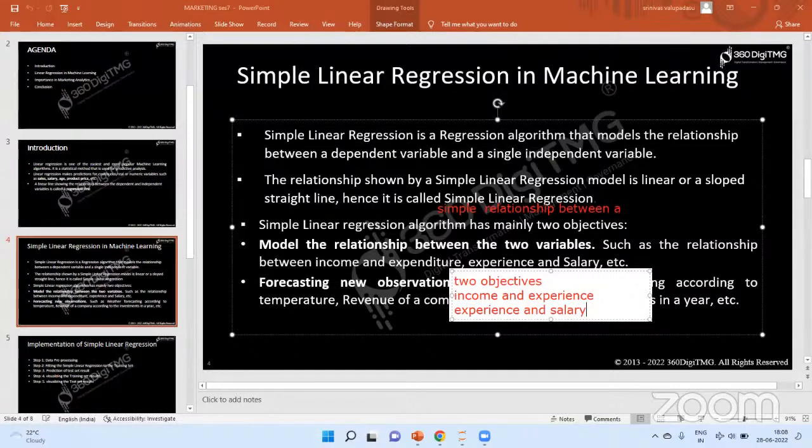The second objective is forecasting new observations.